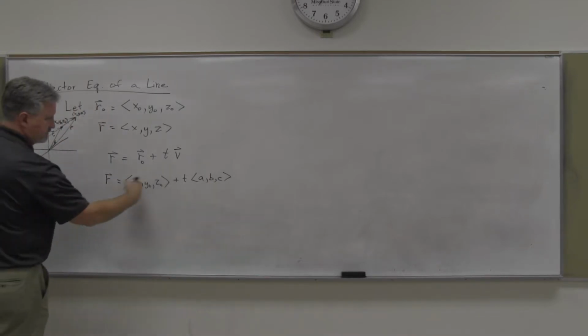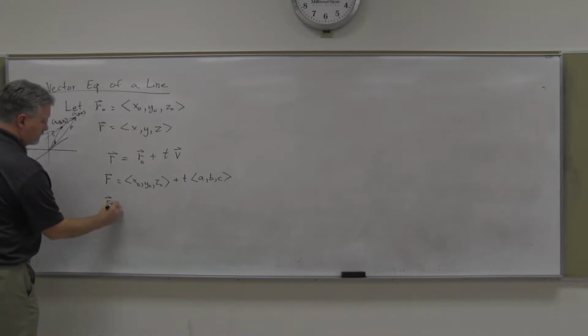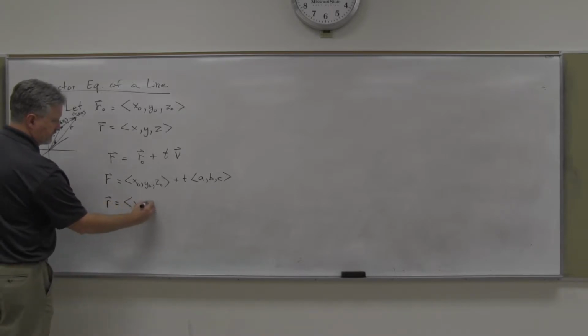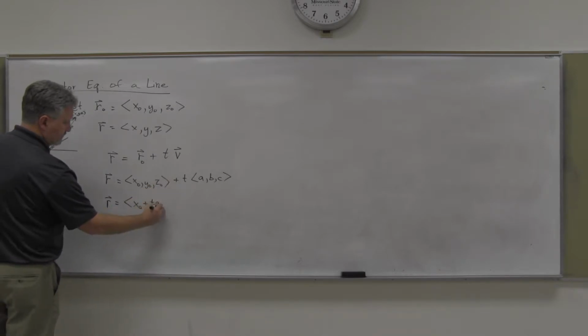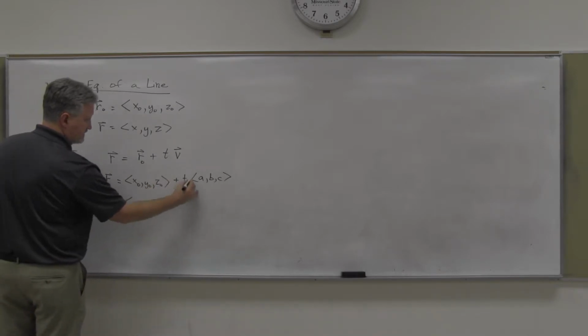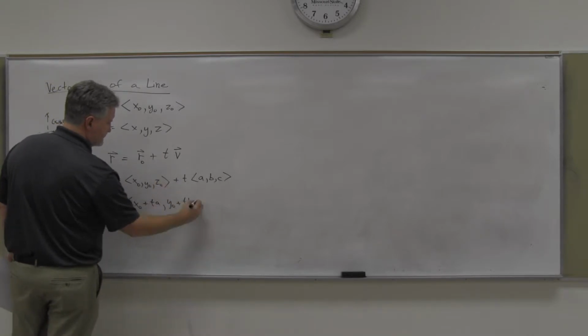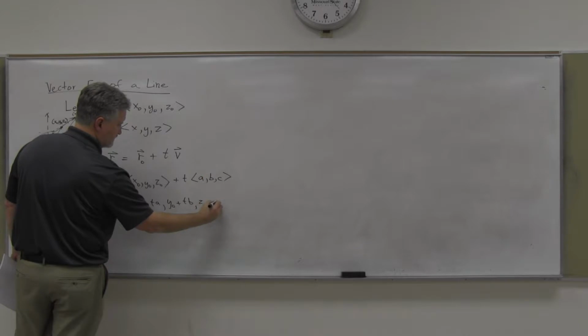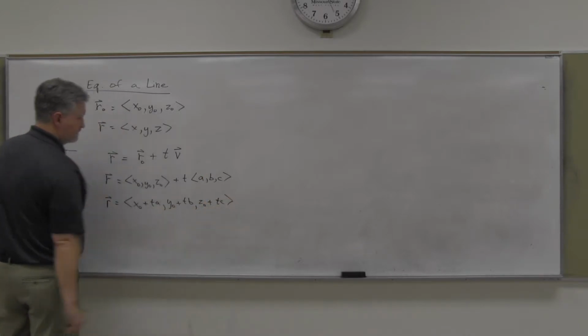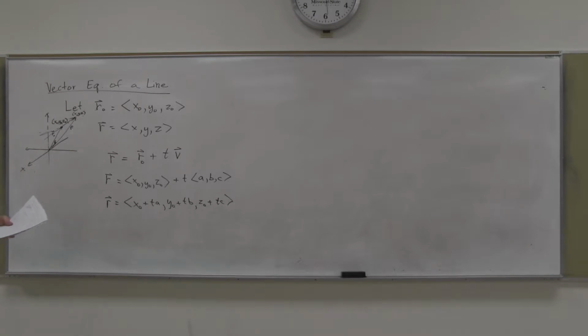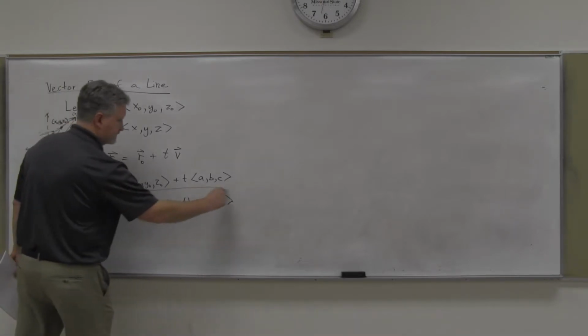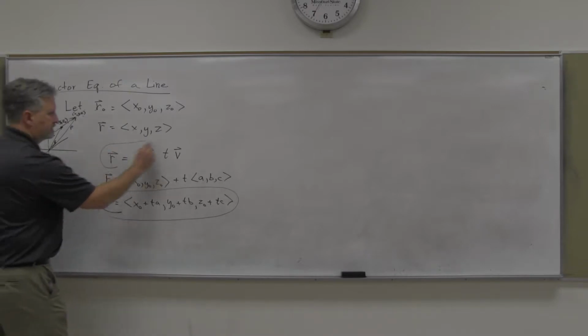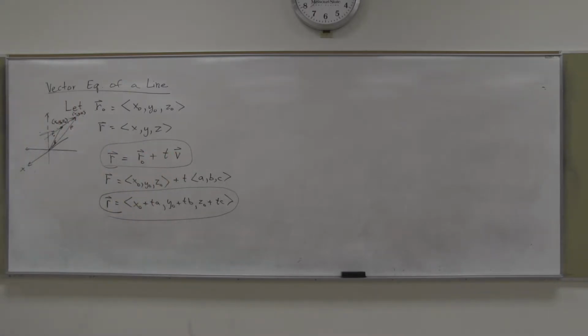R is just going to be whatever those two are added together: x0 plus TA, y0 plus TB, z0 plus TC. Okay. So for some reason they might even just list it that way. That's the vector form, a vector equation of a line.